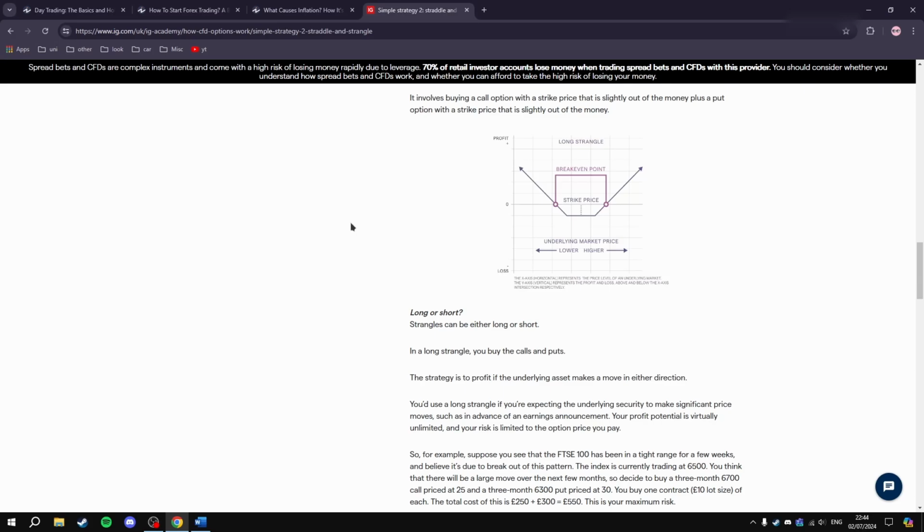So basically, put a put and a call option that are both slightly out of the money.